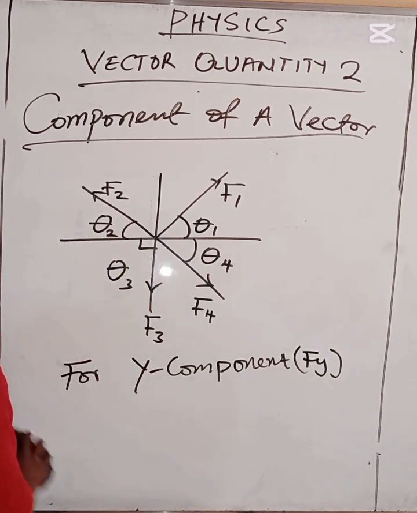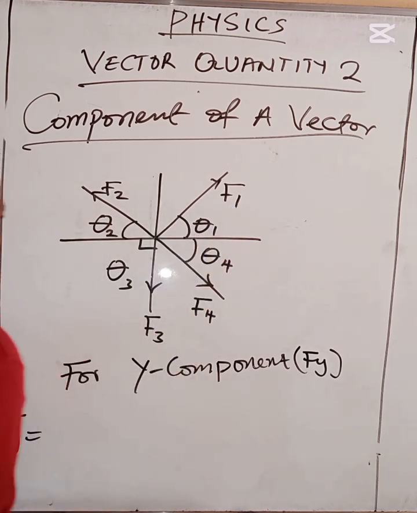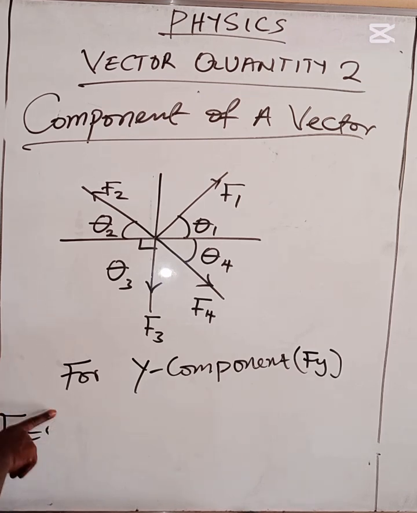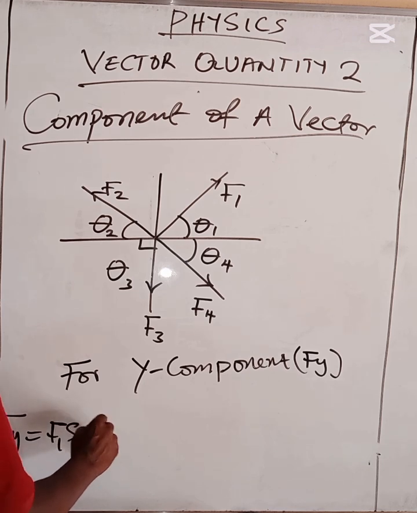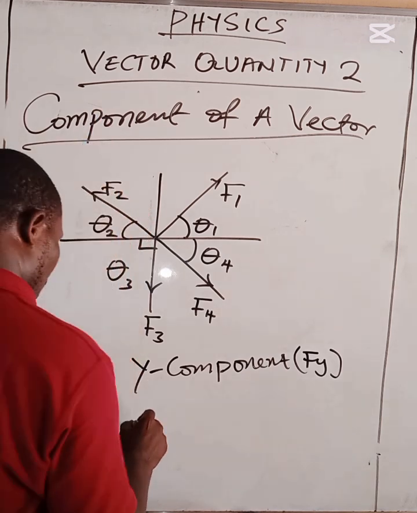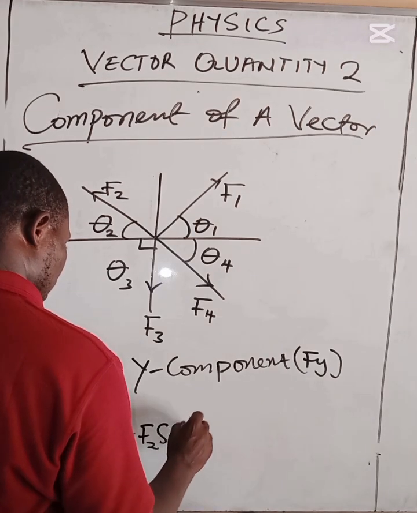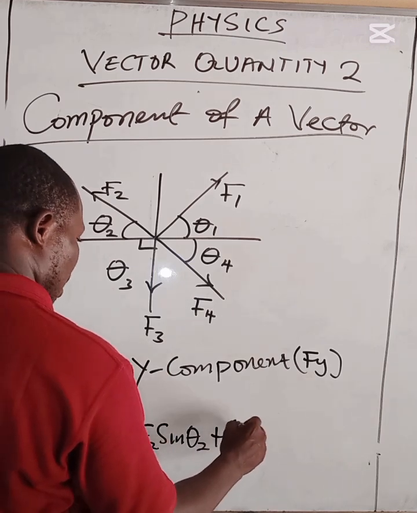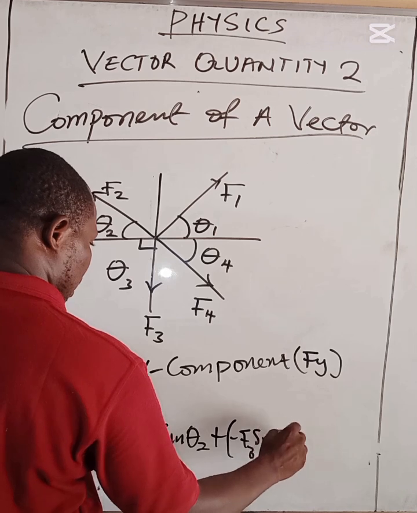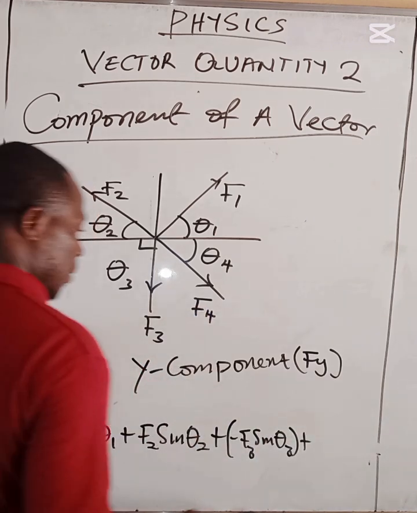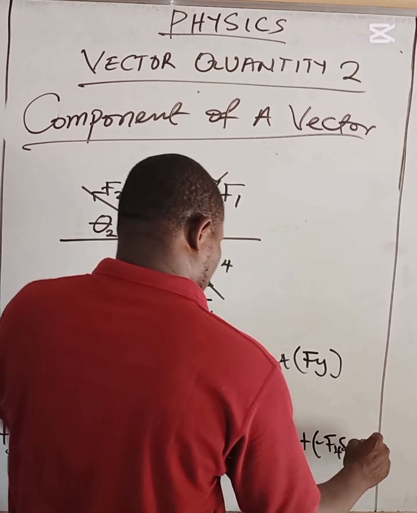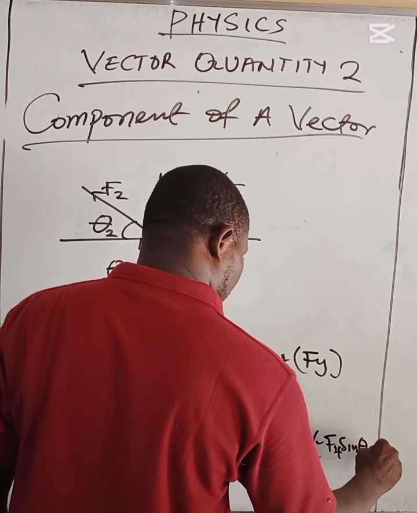Fy is going to be, starting with the first force, which is up, F1 sine theta 1, plus this one is equally up, F2 sine theta 2, plus this one is down, so bracket open, minus F3 sine theta 3, plus this is equally down, bracket open, minus F4 sine theta 4.